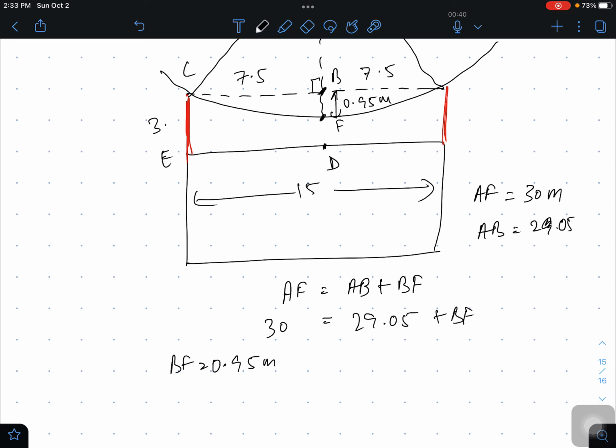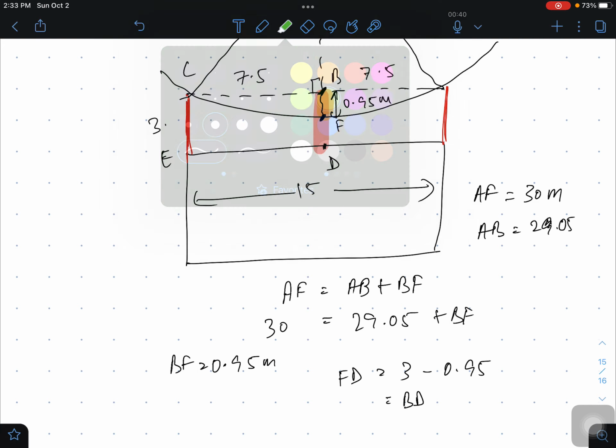Now BD, you knew it was 3 meter, which is same as CE, minus 0.95. If you do, you will get FD. So FD is nothing but BD, that is this length, minus this length, penetration depth. So red minus orange will give you green.